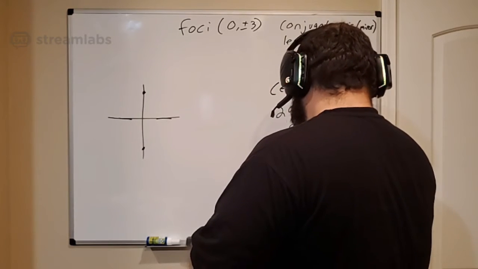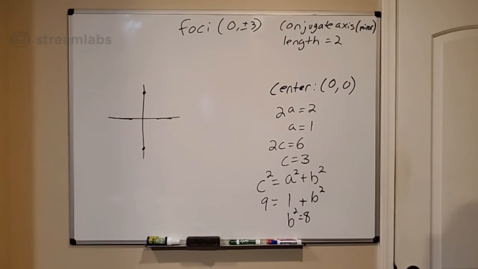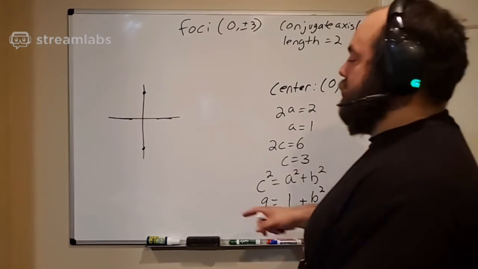Okay, so now which one goes first? Is it X? No, now it's not X. Remember, the way that we write the equation is determined on which way it opens. Which way does this hyperbola open if the foci are vertical? Up and down.